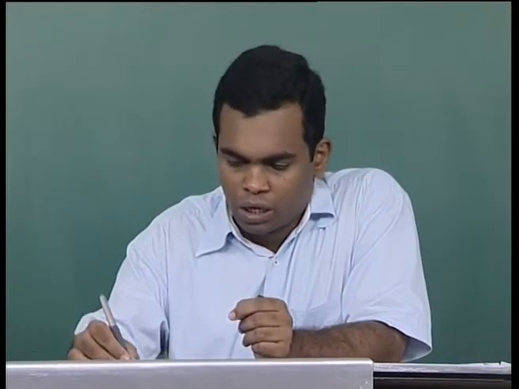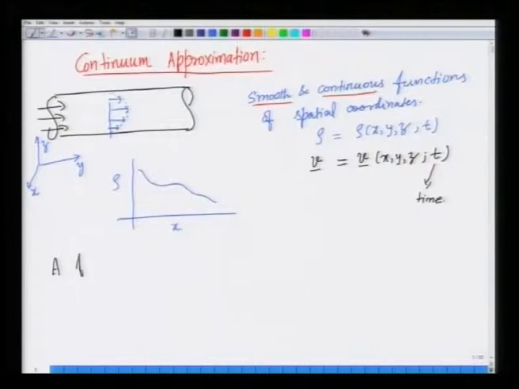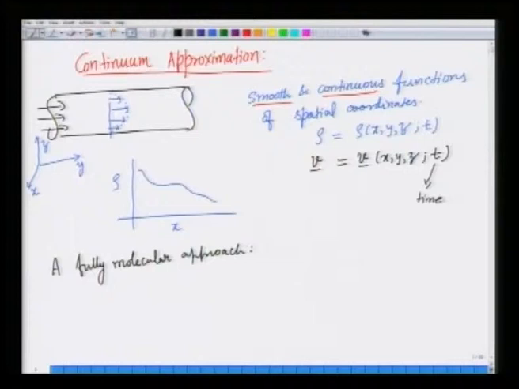So, the question is, first of all, why is this approximation being made? We saw that a fully molecular approach that one can conceive, because we said that a fluid ultimately, be it a liquid or a gas, is comprised of molecules. So, one is tempted to first go for a fully molecular approach.